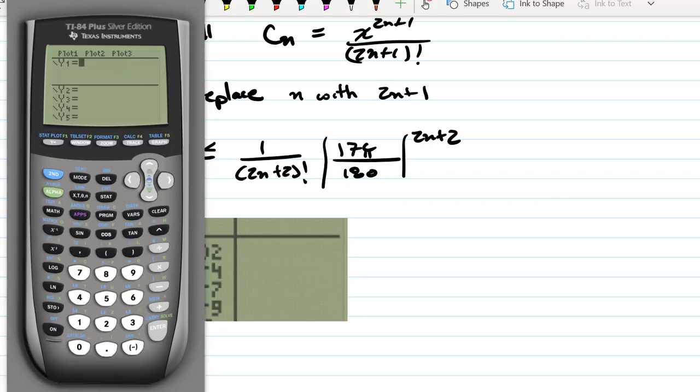Let's just plug in sine and see what we get. So we go alpha window, we grab our summation.